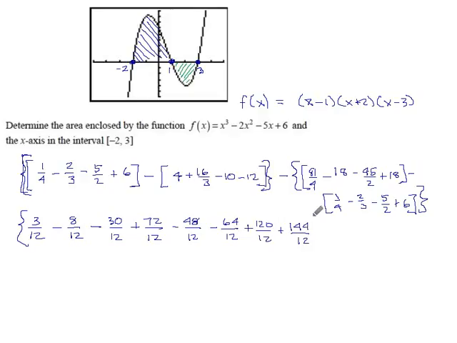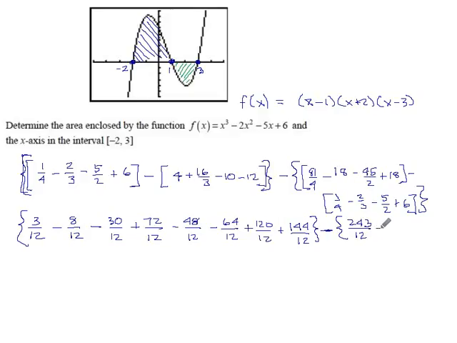Hope the numbers stop getting bigger soon. Okay, and then we have minus. I can only handle so many negative signs at once, so I'm going to leave that alone. And we get 81 fourths is, geez, they do keep getting bigger, 243 twelfths.